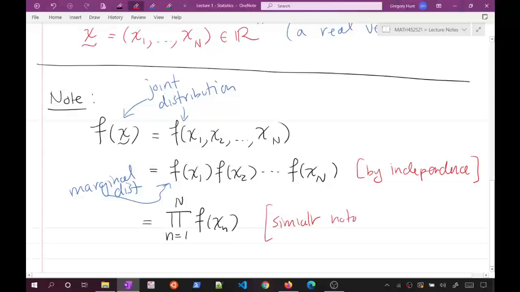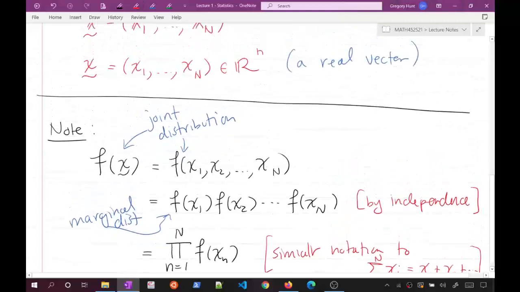We write sigma of x sub i, i goes 1 to n, if we mean x1 plus x2 plus dot dot dot, right? Here, because instead of having a sum, we have a product, I'm writing pi, n goes 1 to N of f of x sub n. This is a notation that you'll see. It's just a product of these things.